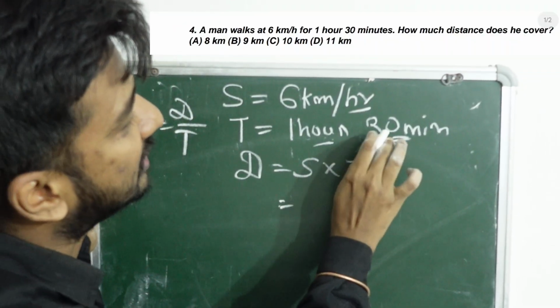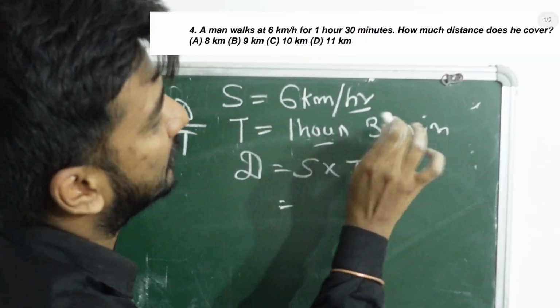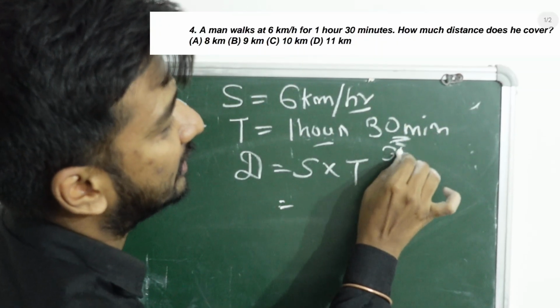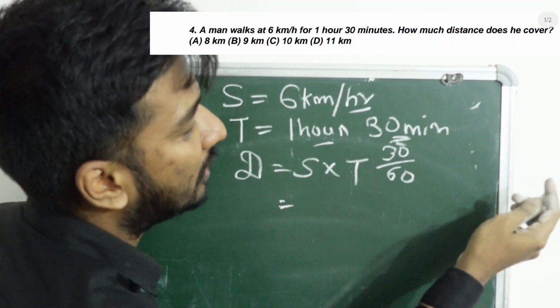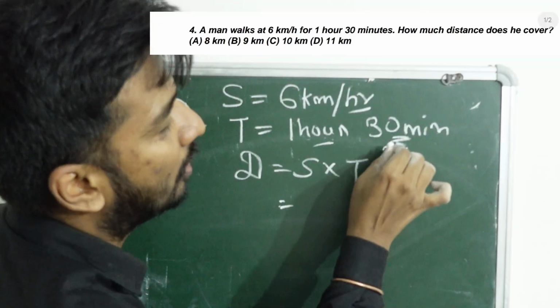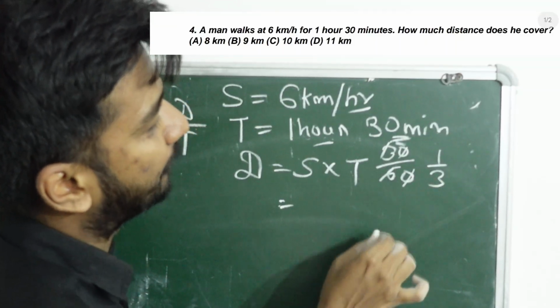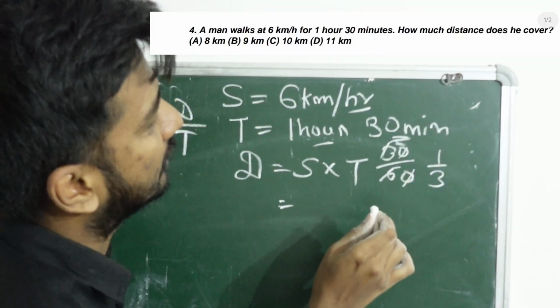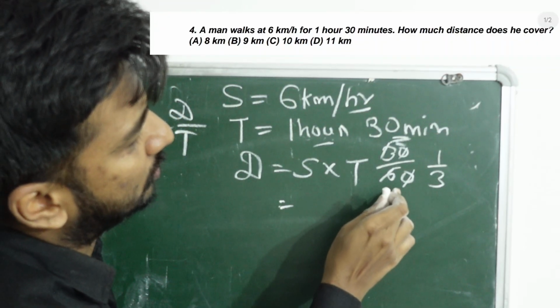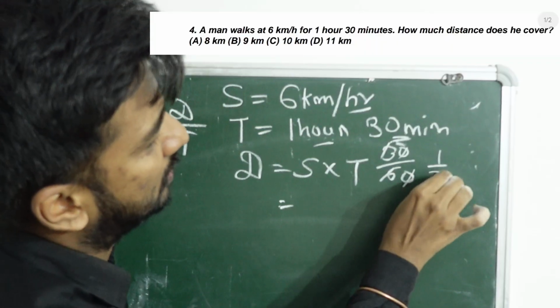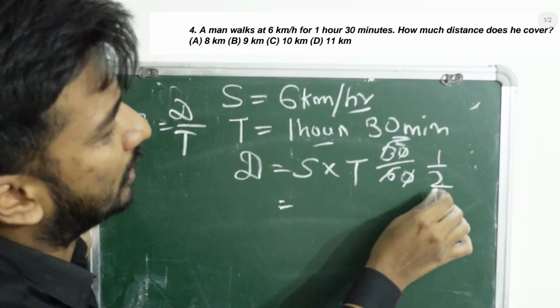Now you convert these 30 minutes by 60, as you are going from a smaller unit to a larger unit. What is this? 1 by 2. Yes, 30 by 60, 1 by 2.